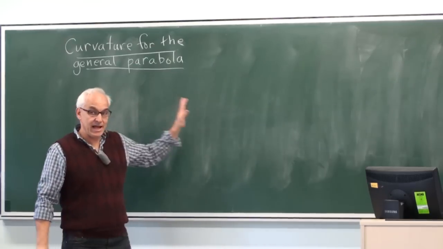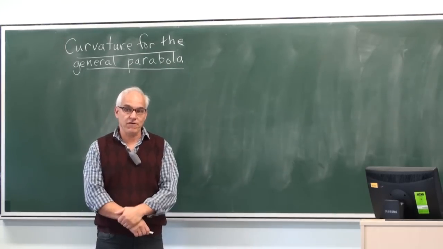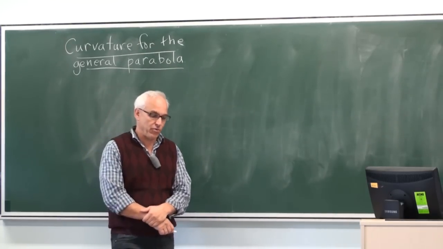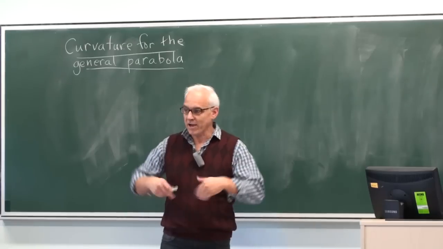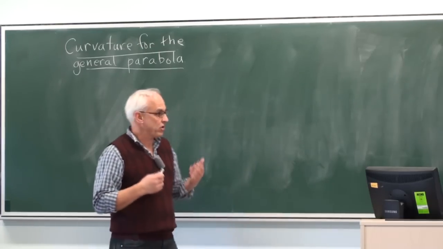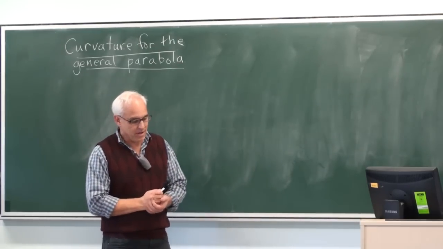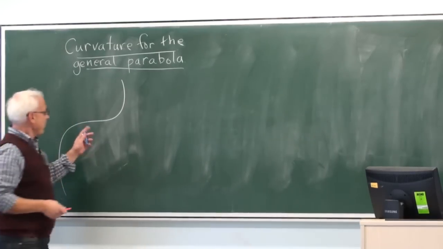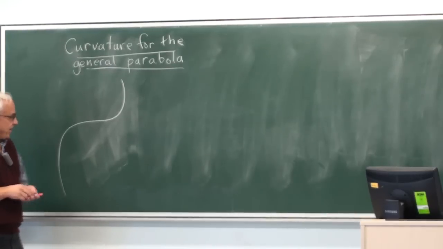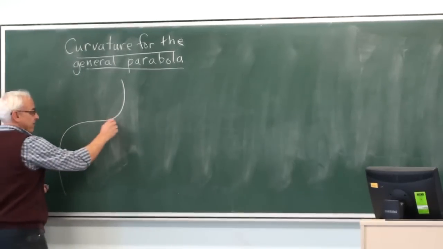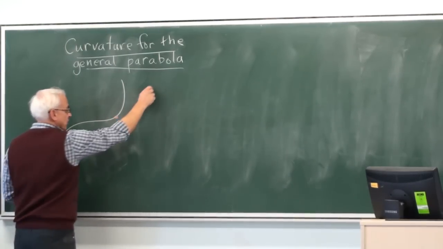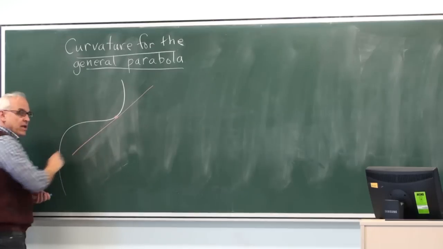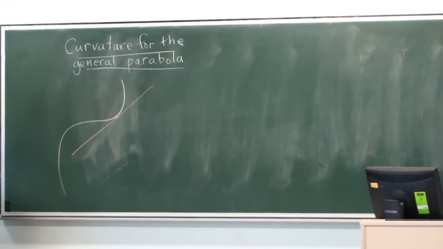Today I want to extend our discussion of the curvature of the parabola from the y equals ax squared case to the more general case. And our motivation for this is the following: when we have a curve in the plane, then at a given point we can talk about the tangent line, and that's unique. There's only one tangent line.